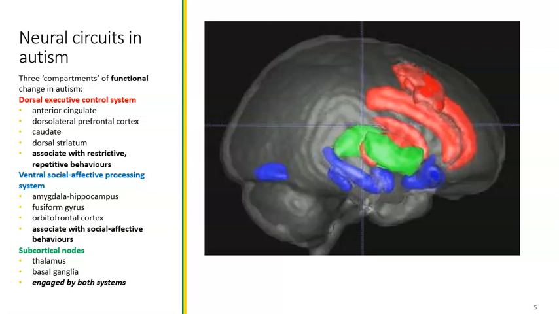These areas are engaged by both the dorsal executive control system and the ventral social affective processing system. So your subcortical nodes are involved in both systems of the functional changes in autism.